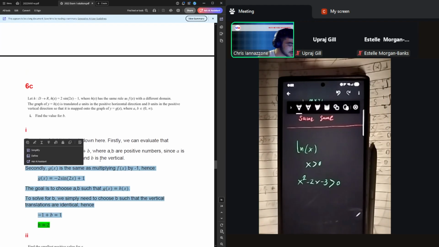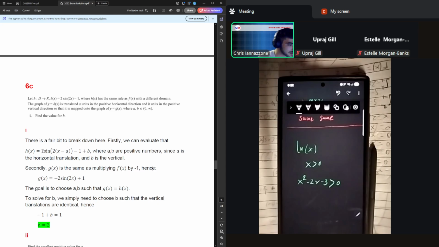If you're more mathematically, algebra inclined, then you can start actually applying that transformation and then going, okay, I don't want to do anything horizontal, but I'm going to have this -1 plus b, and I want to make that equal to my g of x function. And since g of x is the reflection of f, then you just slap a -1 at the front of the entire thing, flipping both of those terms, and then you solve to figure out what b is.